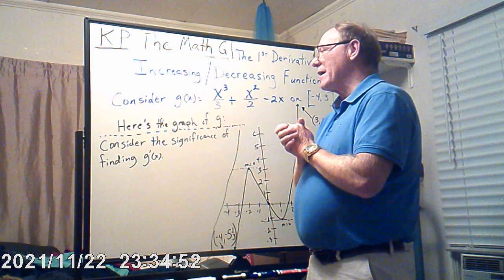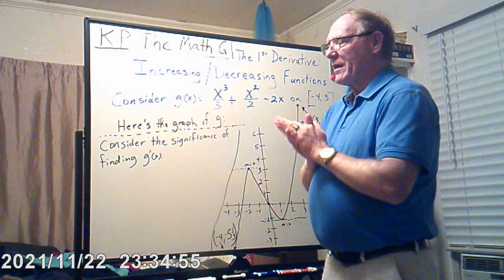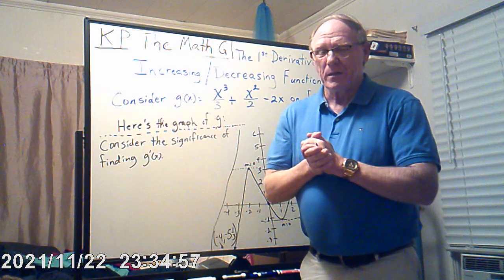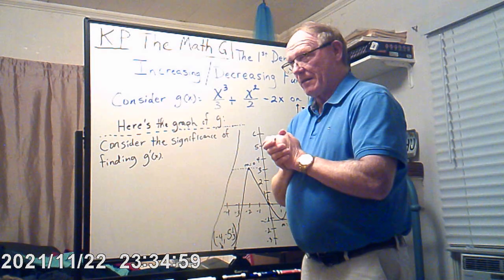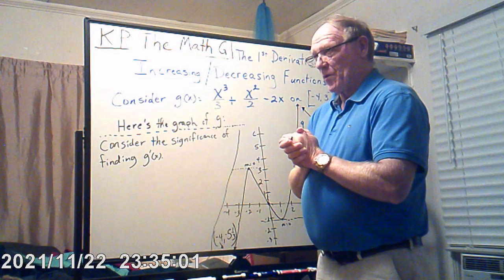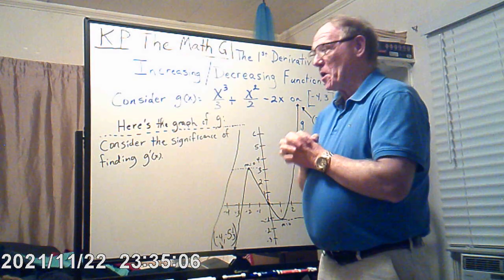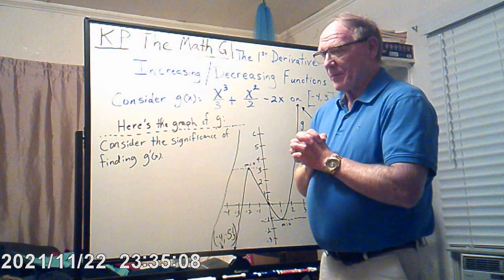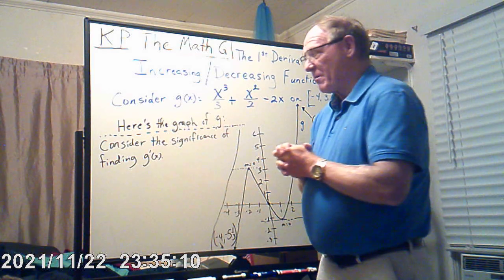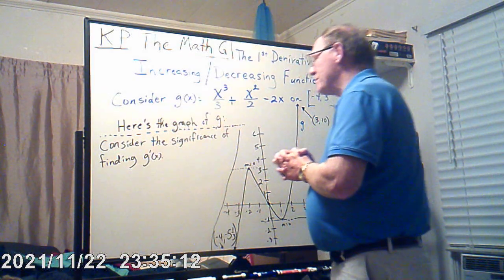When we look at, for example, velocity, that is involved with the first derivative. So many applications with this first derivative. But we're going to look at increasing and decreasing functions.